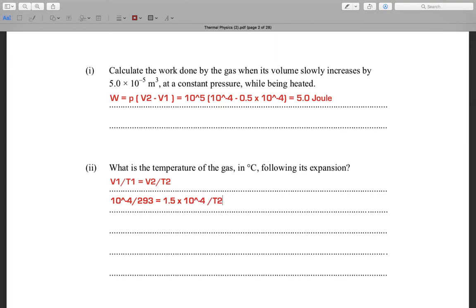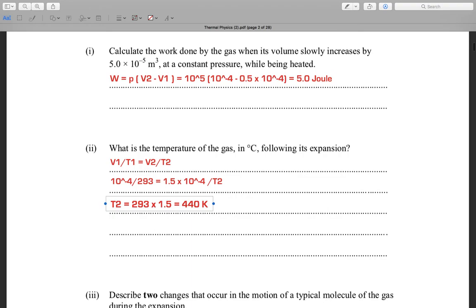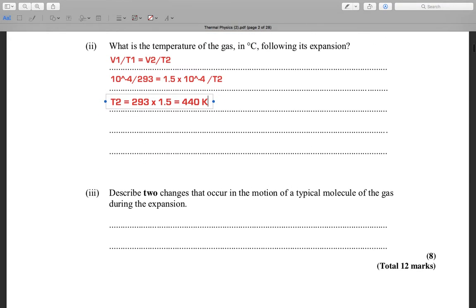If we find T2, it is 293 times 1.5, which is around 440 Kelvin. That's the answer for this question. How about the next question?